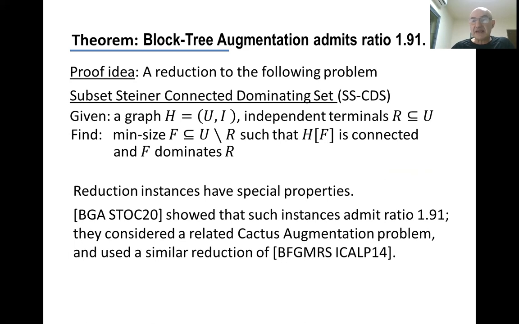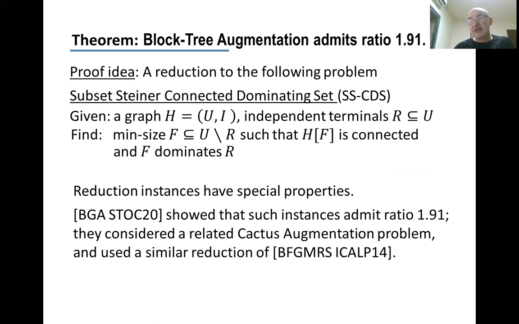And recently, Byrka, Grandoni, and Jabal Ameli showed that such instances of the subset Steiner connected dominating set problem admit ratio 1.91.